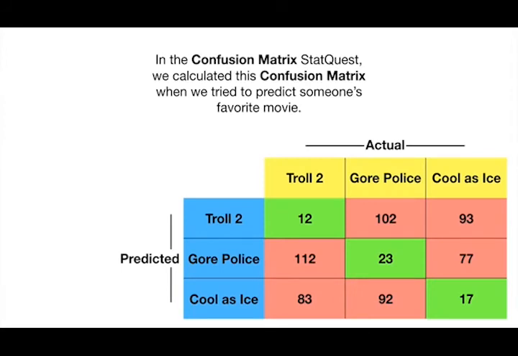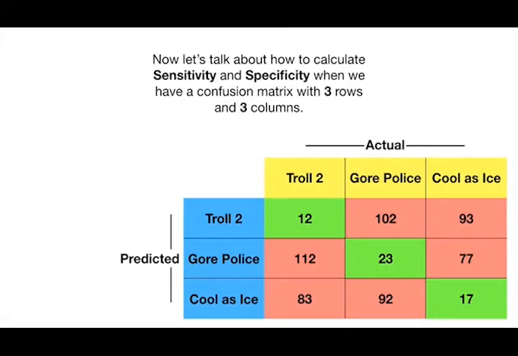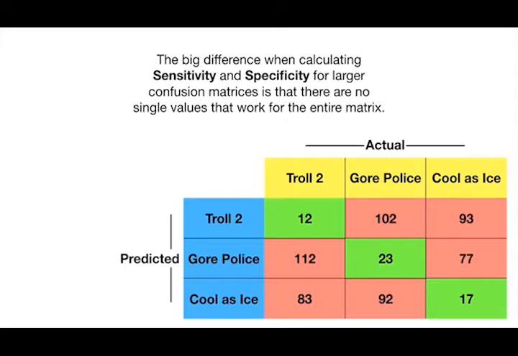Bam! In the confusion matrix StatQuest, we calculated this confusion matrix when we tried to predict someone's favorite movie. Now let's talk about how to calculate sensitivity and specificity when we have a confusion matrix with 3 rows and 3 columns. The big difference when calculating sensitivity and specificity for larger confusion matrices is that there are no single values that work for the entire matrix.